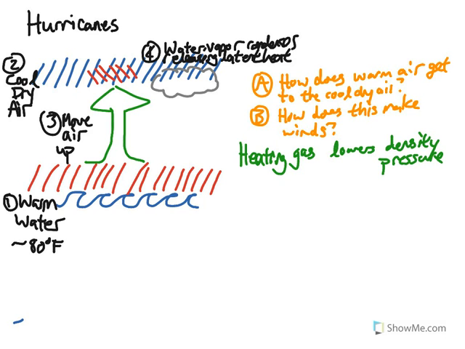So the answer to question A is pretty easy then. You probably have already guessed this, because when you start with warm, wet air down here, warm, wet air is less dense. And so less dense things rise, right?